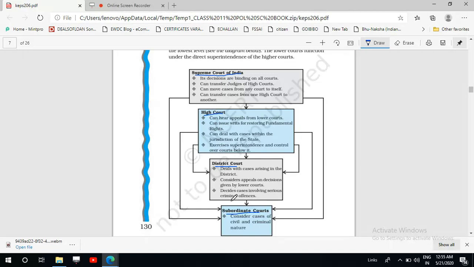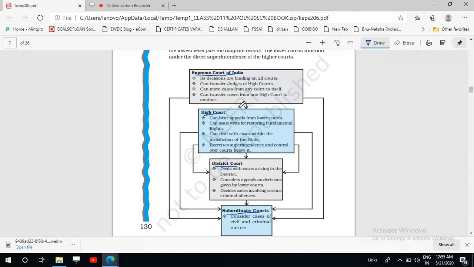Okay. Now it is the authority of the Supreme Court that it can transfer judges of high courts from one high court to another high court. The judges can be transferred by the Supreme Court. The transfer of judges of the High Court is not done by the state government. This is the integrated judicial system.